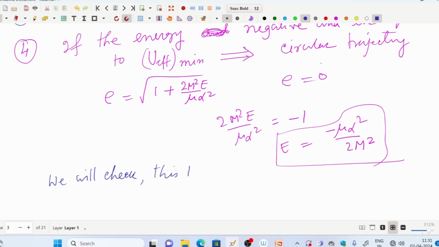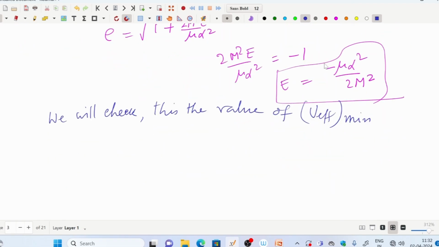Okay. So, that we can check. Once we have done this, we are through with all this analysis of Kepler's problem. So, let us try to see whether the minimum of U effective is this value.